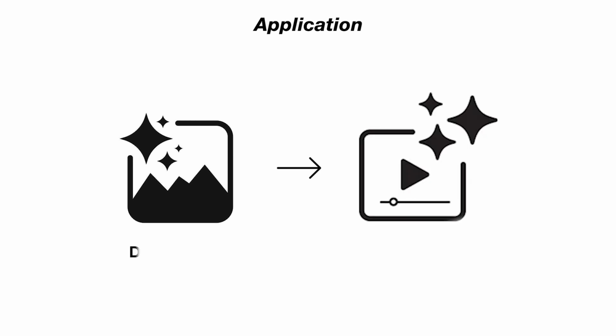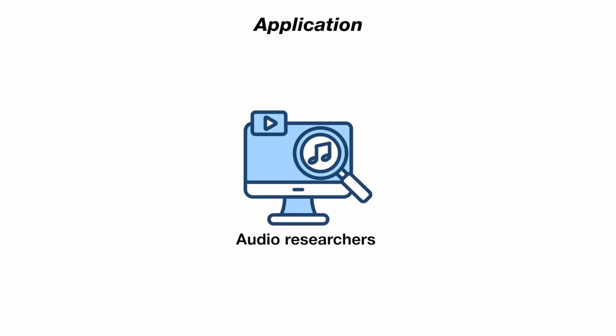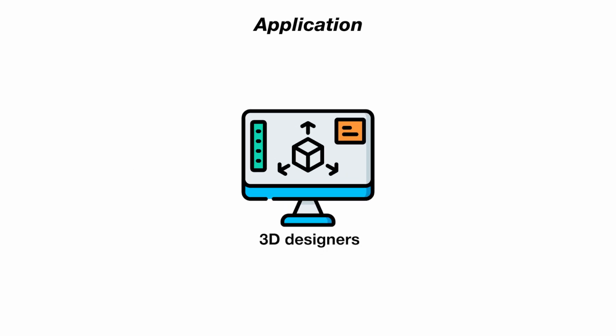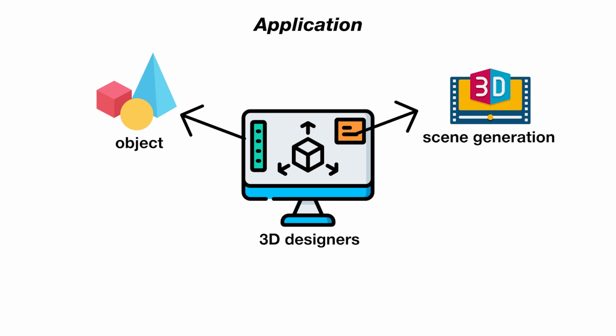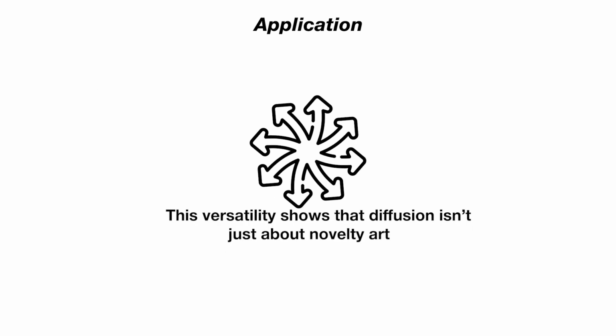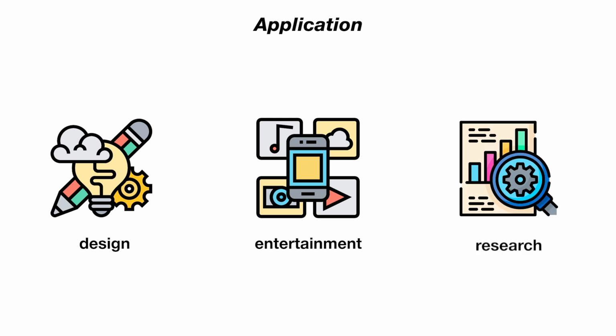Beyond still images, diffusion is quickly moving into video generation, where short clips are synthesized frame by frame. Audio researchers are using the same principles for music and speech synthesis, while 3D designers explore diffusion-driven object and scene generation. This versatility shows that diffusion isn't just about novelty art. It's becoming a general-purpose creative backbone across industries, fueling design, entertainment, and research in ways traditional tools never could.